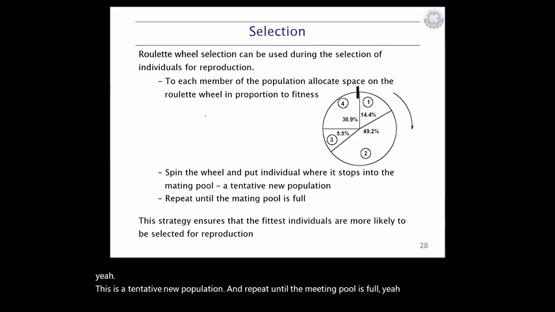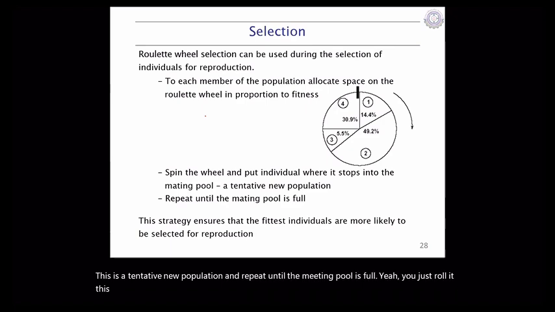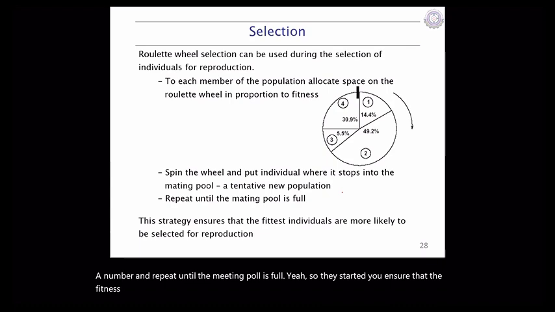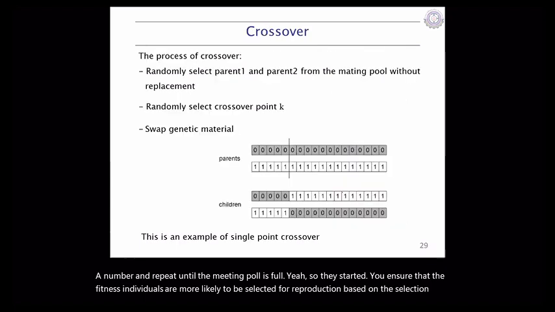You just rotate this, and then it stops at a number, and then you put that number in the mating pool, and repeat until the mating pool is full. So the strategy ensures that the fittest individuals are more likely to be selected for reproduction, based on the roulette wheel selection. Right.